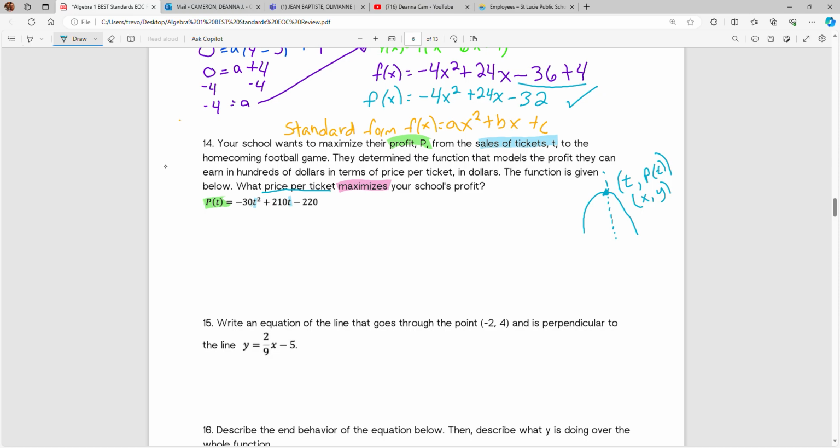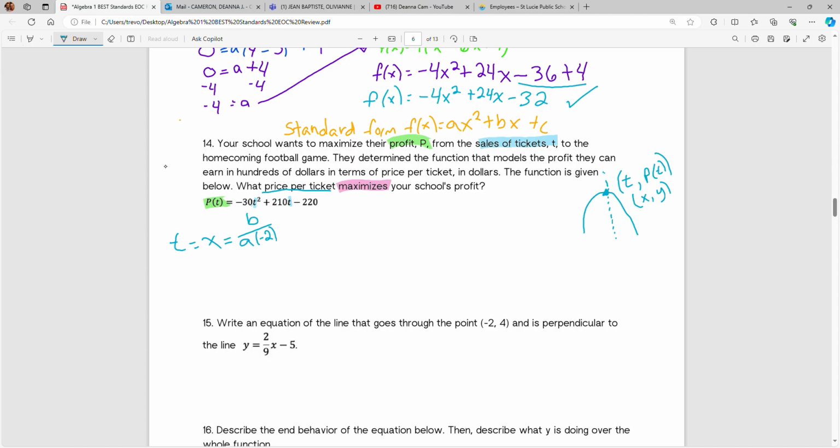So that is where x equals b over a times negative 2. That's the formula I said you have to memorize. And then for this word problem, our x is actually t, our price per ticket. So t equals x, b over a times negative 2.